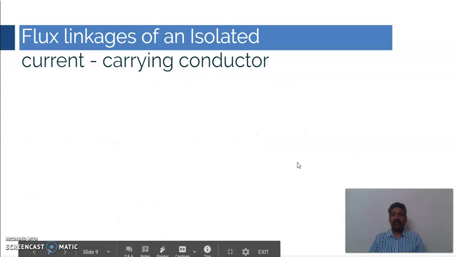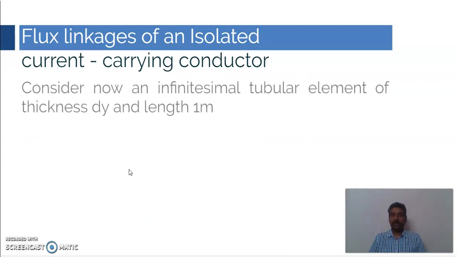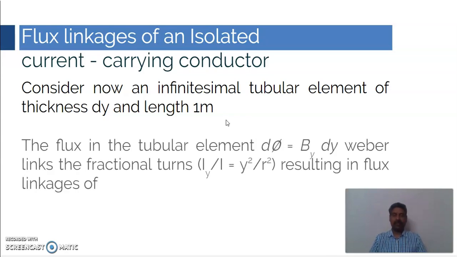Now let us consider an infinitesimal tubular element of thickness dy and length 1 meter. Till now we were discussing the same tubular element with radius y and thickness dy. Now let us consider the length also, 1 meter.